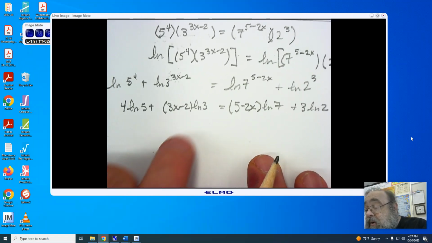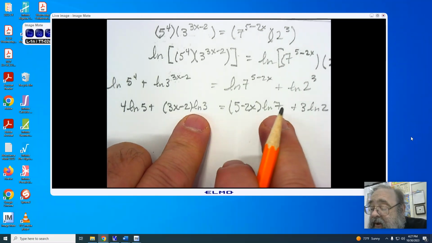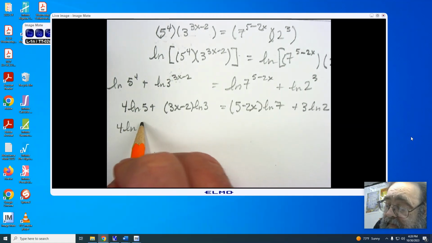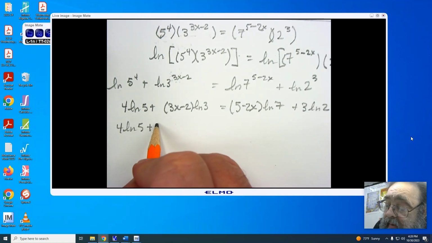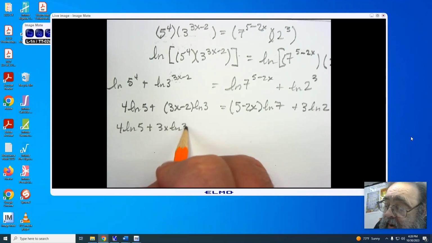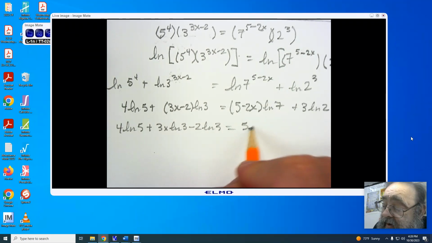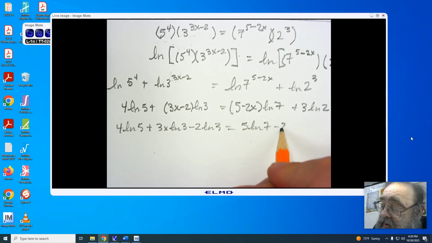So we're going to distribute our natural log of 3 and our natural log of 7. I therefore have 4 natural log of 5 plus 3x natural log of 3 minus 2 natural log of 3 equals 5 natural log of 7 minus 2x natural log of 7 plus 3 natural log of 2.